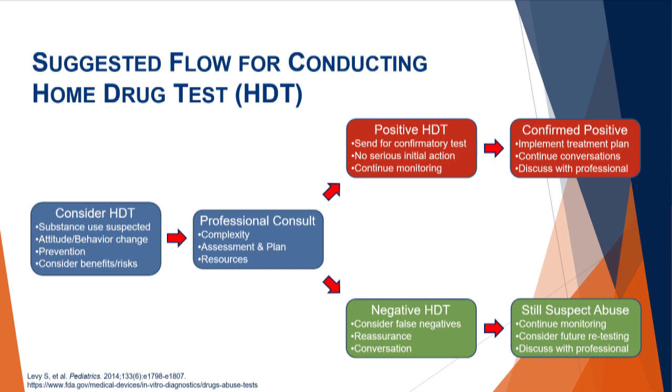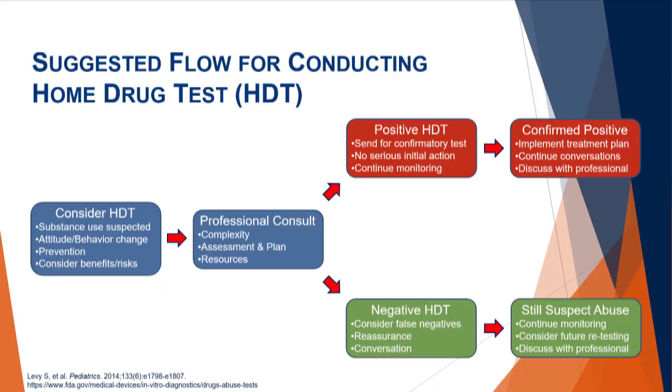So after you've consulted with the healthcare provider and after you've conducted the test itself, if you were to receive a negative drug test initially, this could be due to a number of reasons. Hopefully there's some reassurance there that substance abuse is not actually occurring. Maybe you have to consider some of the false negative testing possibilities, and those are important considerations.